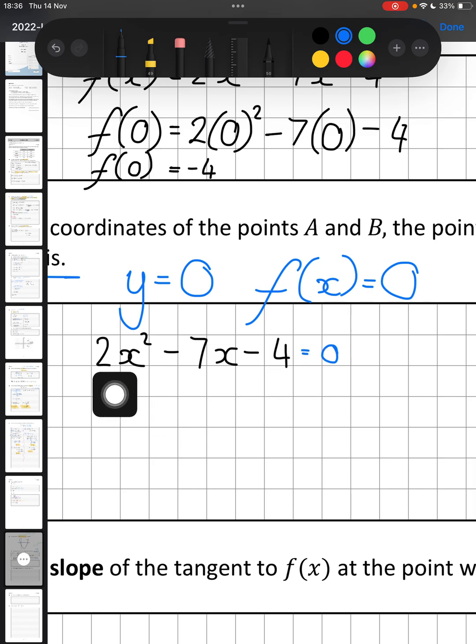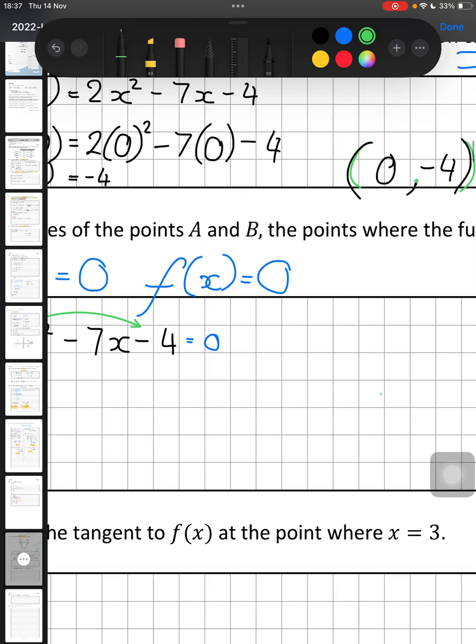Now, if I'm going to factorize and solve, remember, there is a number in front of my x squared, so it's not my really quick way of factorizing. I need to start by saying, what is that first part multiplied by the last number? What's in front of the x squared multiplied by the constant at the end?